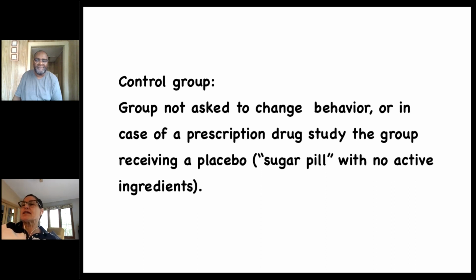You've got the group that gets the real medicine and the other group that gets the sugar pill, and then they study and see what kind of effect the drug has on the people. So it's good to have a control group so you can compare. All right.